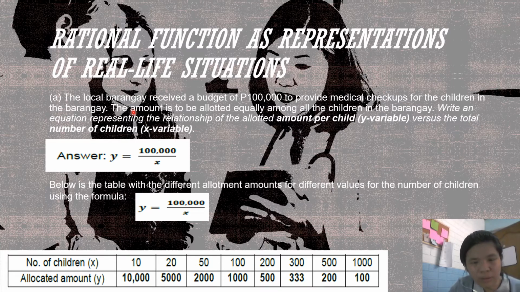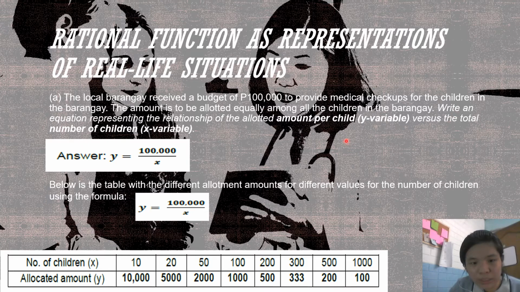So sabi dito, yung local barangay daw is naka-receive ng budget na 100,000. Yung 100,000 na yon, yung panggagamitan niya is para sa check-up ng mga bata sa specific barangay na yon.